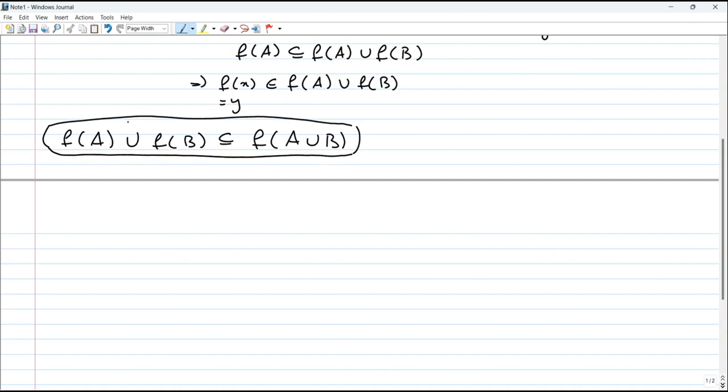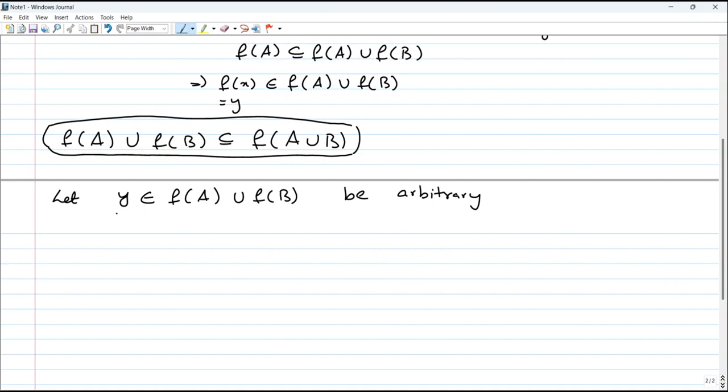We start with something here on the left-hand side and then we show it in the right-hand side. So let y be an arbitrary element in f of A union f of B.